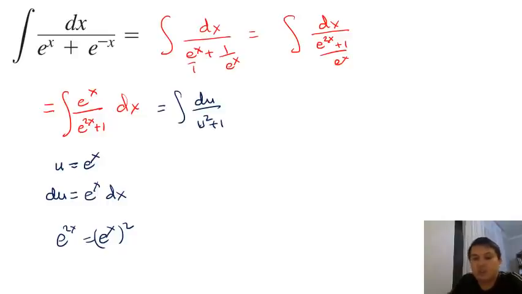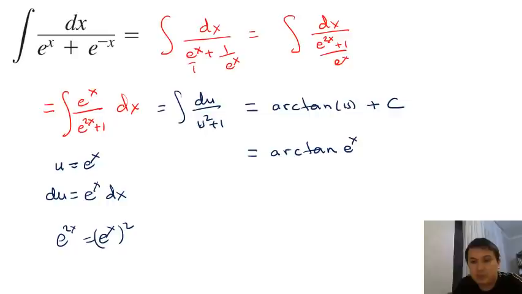Well, what is the antiderivative of 1 over u squared plus 1? Well, luckily we know what it is. It's arc tangent of u, right? And we add a constant. Then we remember that u is equal to e to the x. So the answer is arc tangent e to the x plus a constant.